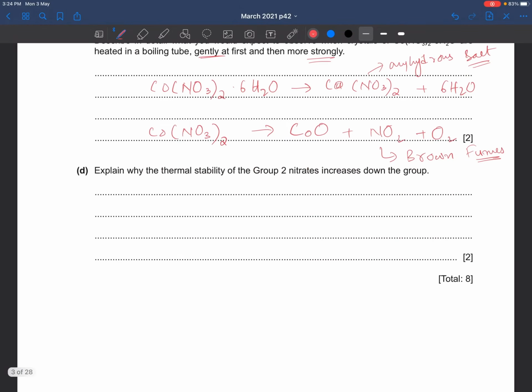Now, in the next question, explain why the thermal stability of group 2 nitrates increases down the group. So I hope everyone knows the answer for this, because of the increase in the cationic radius, there would be less ion polarization, and when there is less ion polarization, that means more ionic character, right?